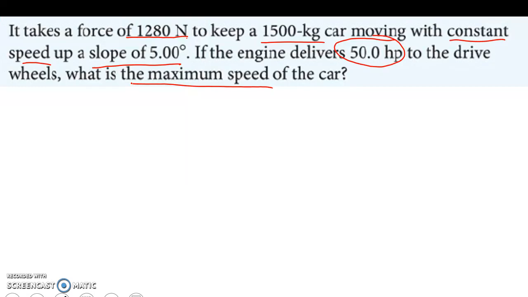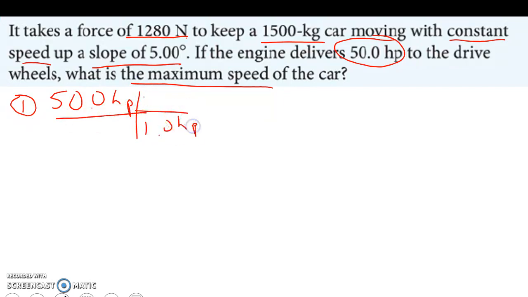Step 1 is obviously we have to take our horsepower and convert it to watts. We know 1 horsepower is 746 watts, so we just take 50 times 746, and it's 37,300 watts.